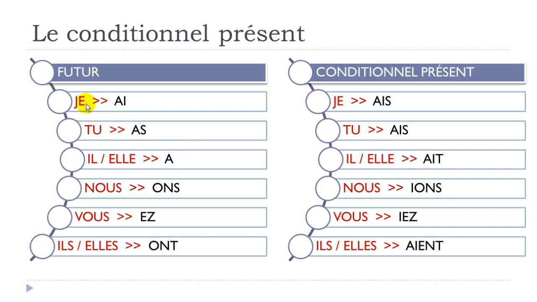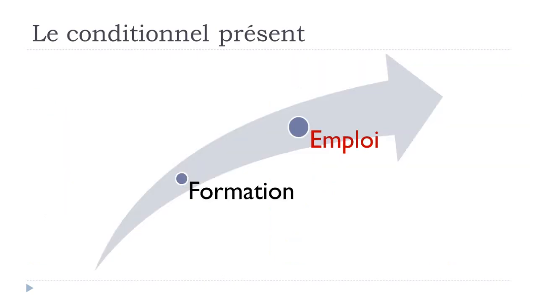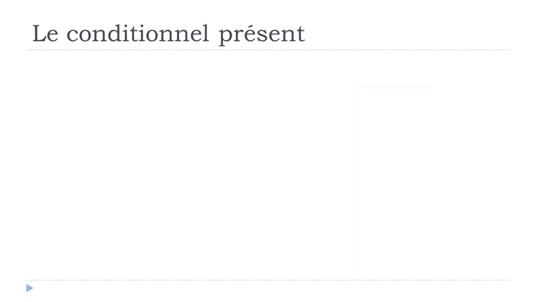Remember future, AI, AS, A, ONS, EZ, ONT, but then conditionnel présent, AIS, AIS, AIT, IONS, IEZ, AIENT. Okay? And now let's see when we should use this conditionnel présent, because that's the most important thing.